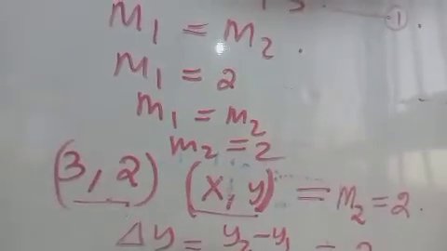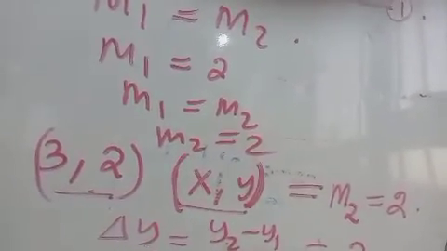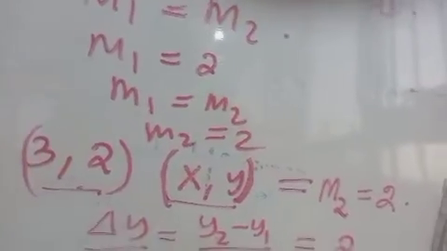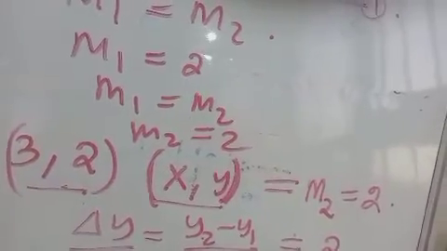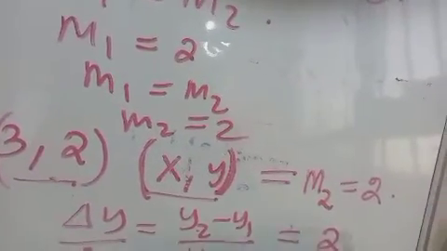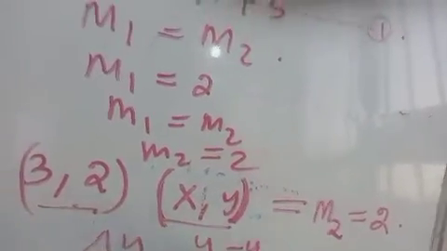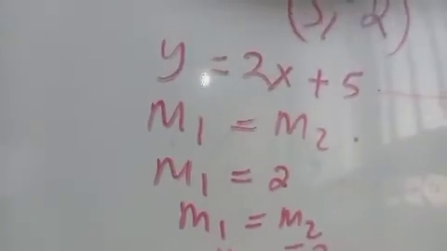So y2 is y, we minus y1, which is 2, and we divide by x2, which is x, minus x1, which is 3. This slope is equal to 2, which is m2, because for parallel lines m1 is equal to m2.